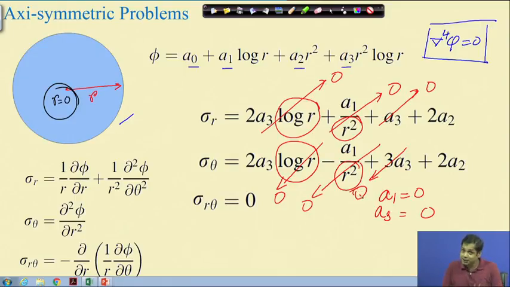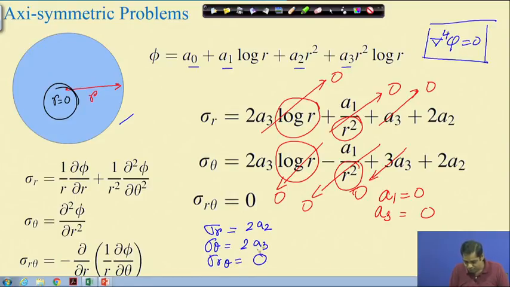Because the domain contains r is equal to 0, otherwise continuity is not satisfied; 1 by r square is not a valid stress field at r is equal to 0. If we substitute all those terms equal to 0, then what are we left with? Sigma r becomes 2a2, sigma theta becomes 2a2, and sigma r theta becomes 0.